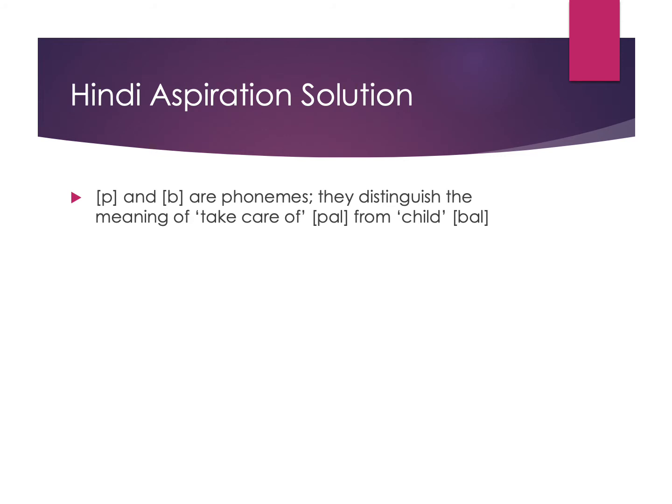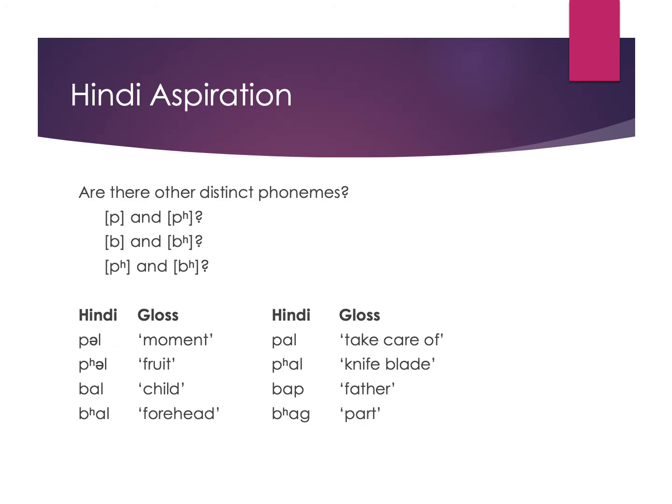But then if we go back and look for other distinct phonemes, and we try to compare our unaspirated and aspirated P, our unaspirated and aspirated B, and then the two aspirated plosives, you may notice that you're going to find other minimal pairs between them as well. Between P and aspirated P, we have pull, moment, and pull, fruit.